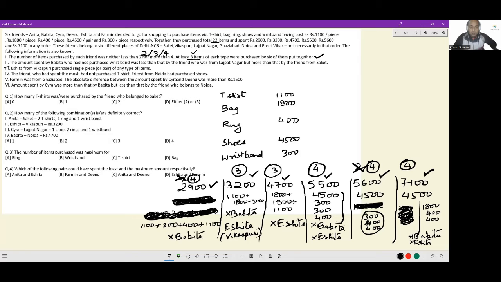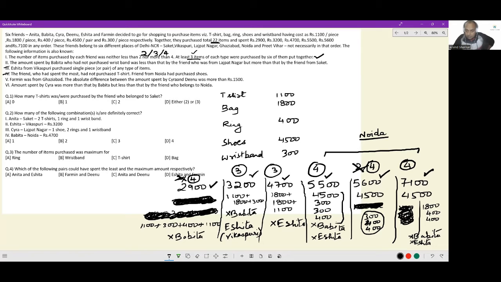A friend from Noida had purchased shoes, so Noida can come here. One of these 3 people is from Noida. One more thing: do I have a precise location for Babita?